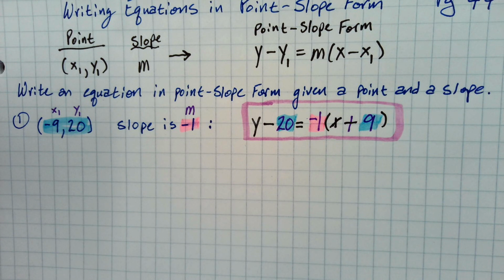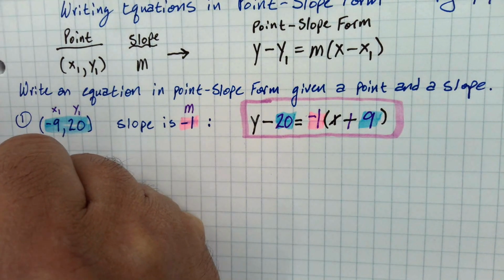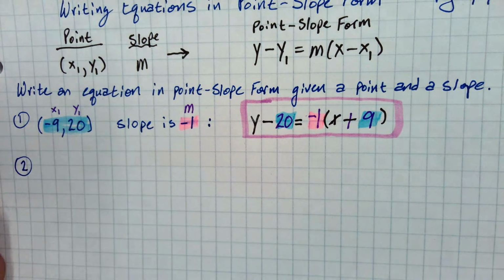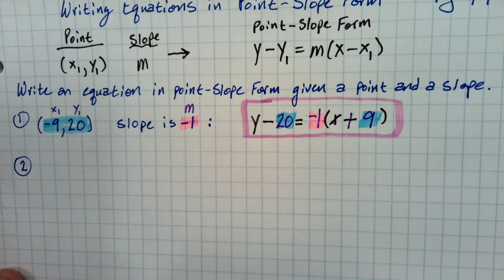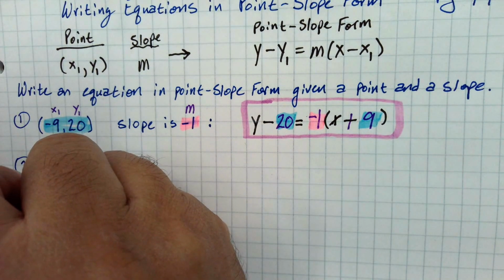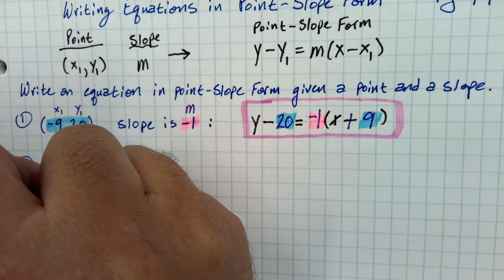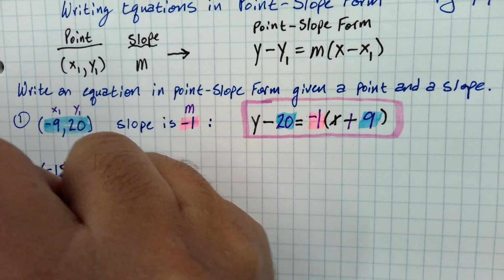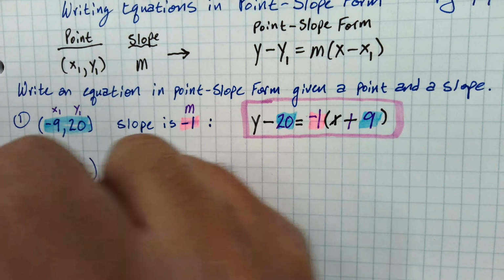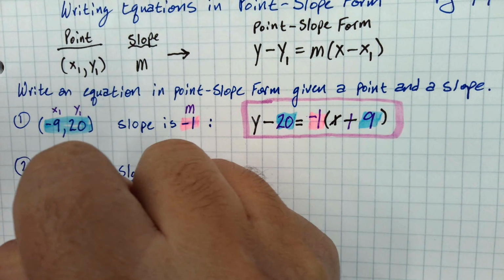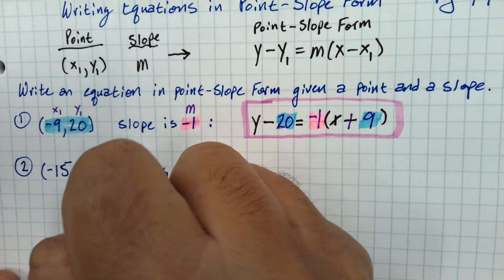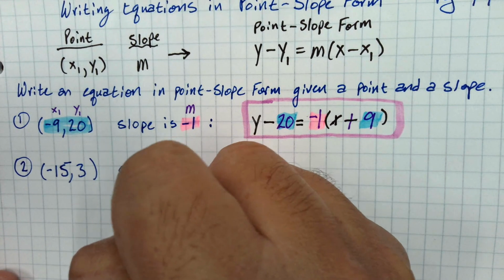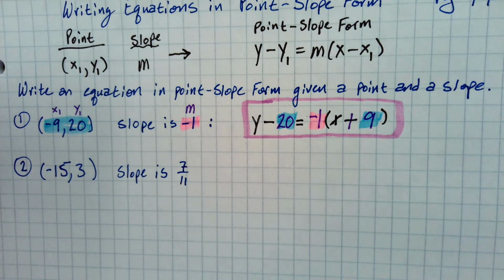Let's go back to our notes and write that in. Number 2. So it's -15, 3, and the slope is 7/11.